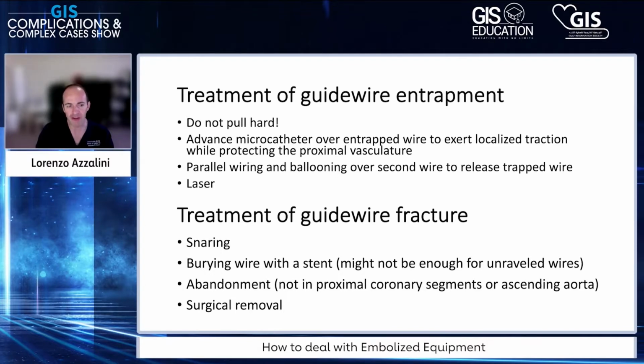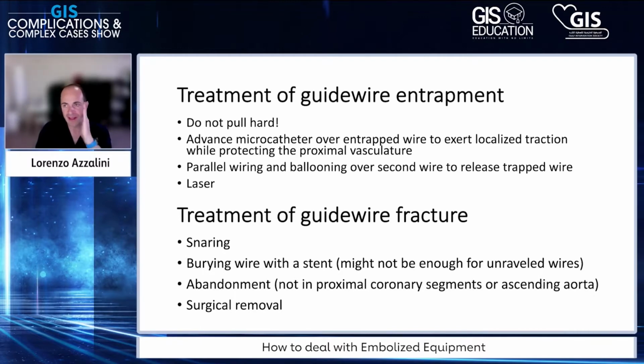In case of fracture, we can try snaring. We can just bury it with a stent inside the coronary artery, but we have to be mindful. We have to look at the fragment that was retrieved more proximally and see if there is a net cut or if there is uncoiling of the wire, because in this latter case, this strategy will not be enough, and this will lead to thrombosis of this fragment.